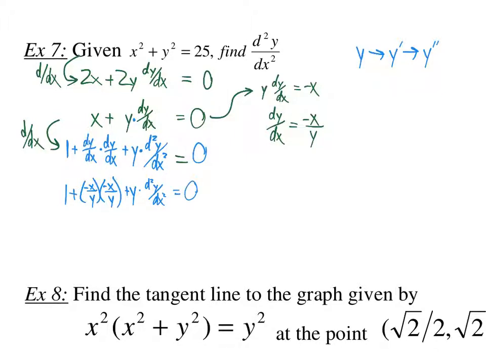Why do you put a dy dx times dy dx between the 1 and 1? This was the first half of our product rule. The derivative of the first factor is the derivative of y with respect to x, times the second factor, which just happens to also be dy dx. So we ended up with 2 of them, like a plus b squared.